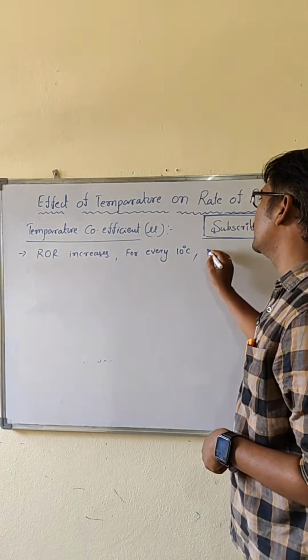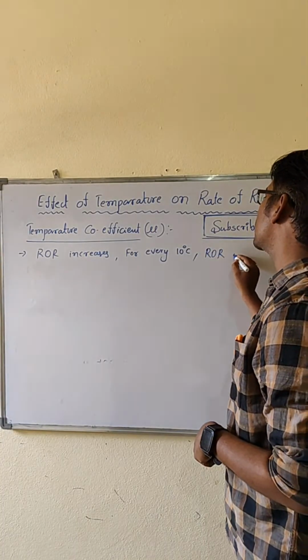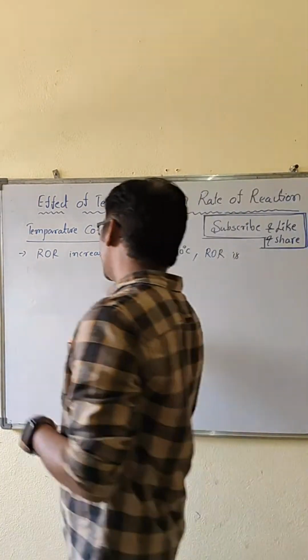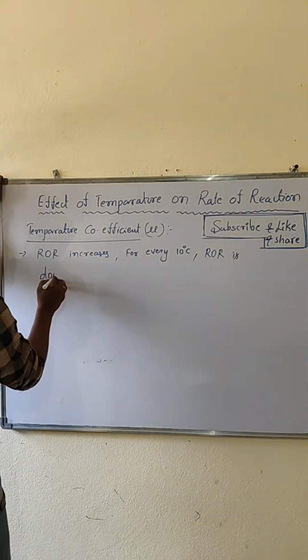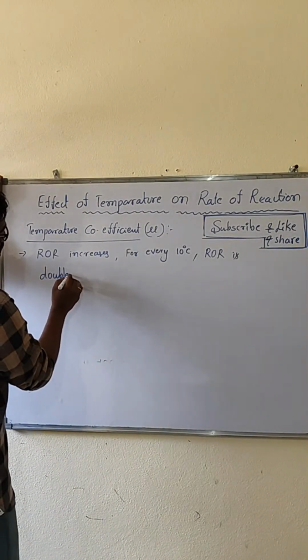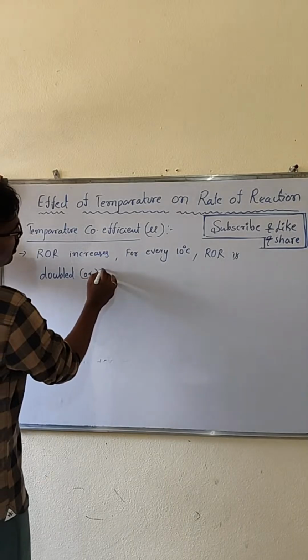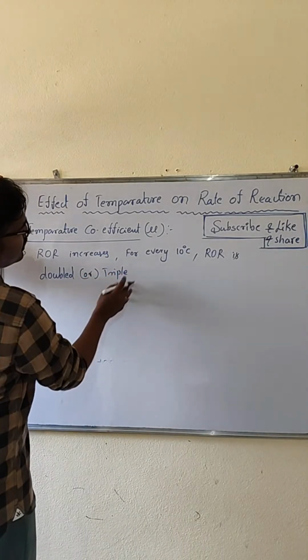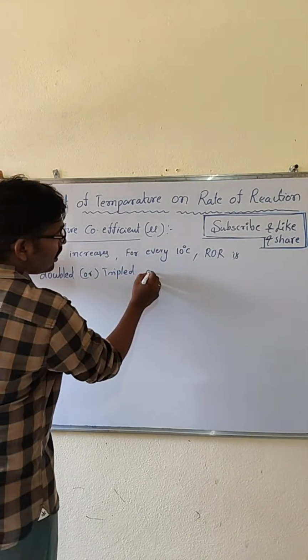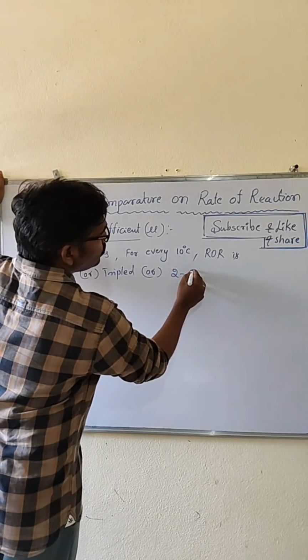So what happens? Rate of reaction is doubled or tripled or 2 to 3 times.